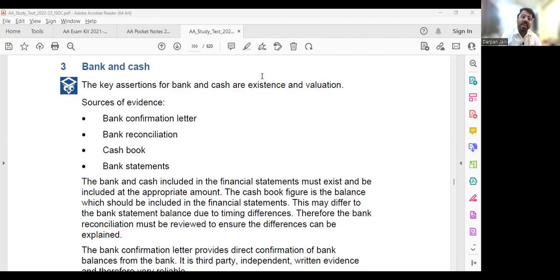For example, let's say I issued a check on 30th December 2022. In my bank book, as soon as I issued the check, I will deduct the amount, right? Since I've made the payment, I will reduce the amount in the bank book, the bank account that I'm maintaining for the company.